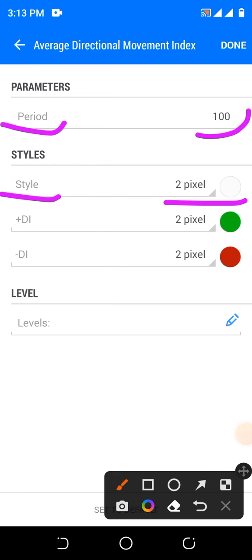In my own case, the screen background is white, so I choose the color to be white. Then plus DI, the color should be green, minus DI, the color should be red. So that's all about the ADX settings.